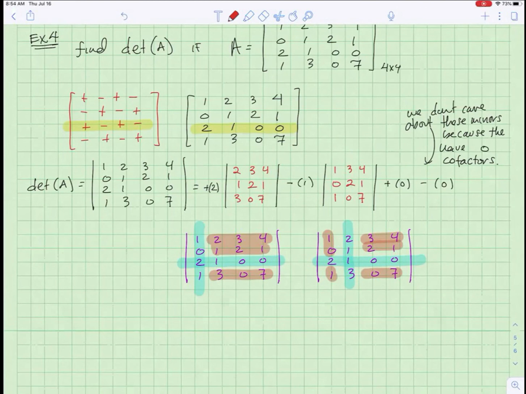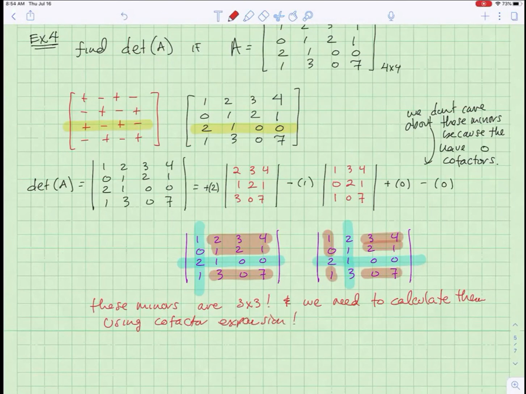So these minors are 3 by 3, and we need to calculate them using cofactor expansion, which means that we started with the 4x4, but now we have to do 2 3x3s.